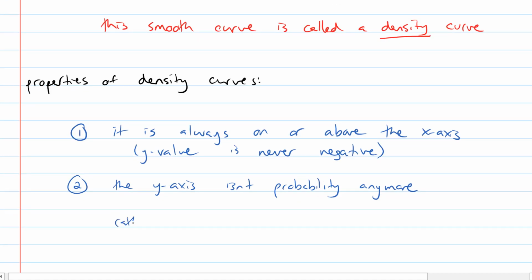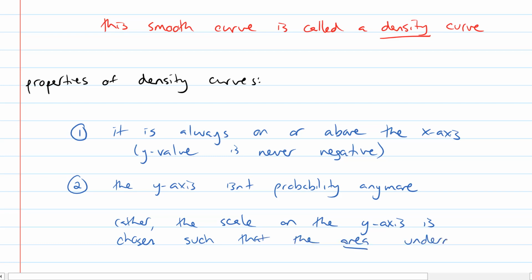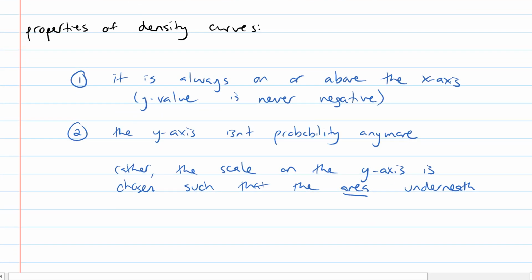Rather, the scale on the y-axis is chosen such that the area underneath the curve is exactly equal to 1. If you prefer percentages, you can think of that as 100%.